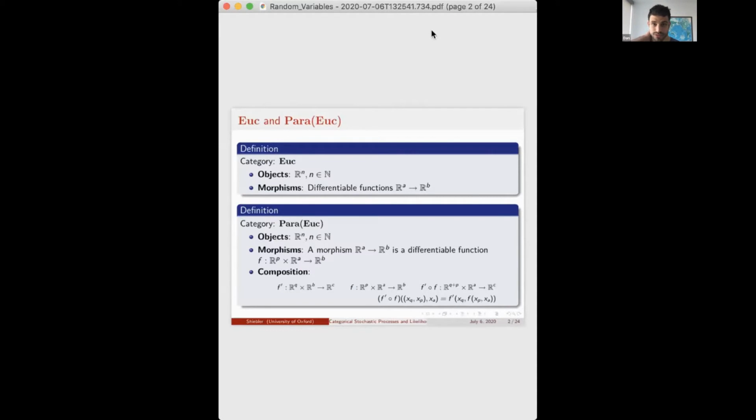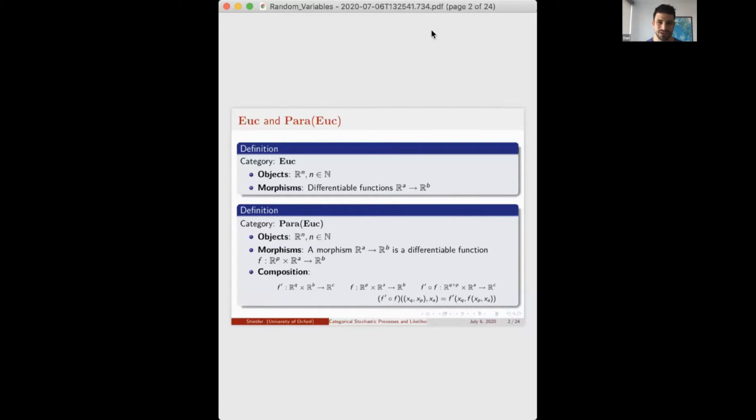To set the stage, two categories that are reasonably important, especially in the optimization realm, are Euc and what I'm calling Para-Euc. These are basically categories of differentiable functions between Euclidean spaces. For simplicity, we're just limiting to R^n for some n. Para-Euc is, I believe, introduced in the Backprop as Functor paper, and called a few different things in a few different papers.